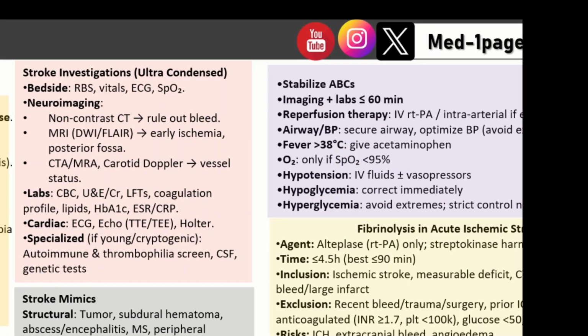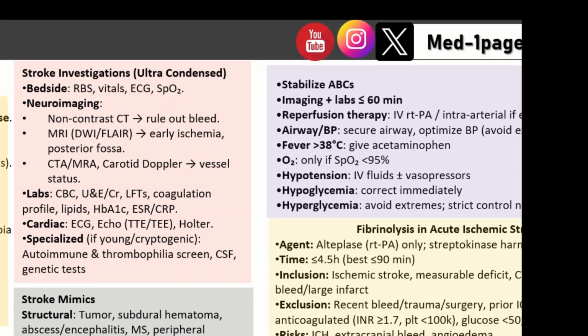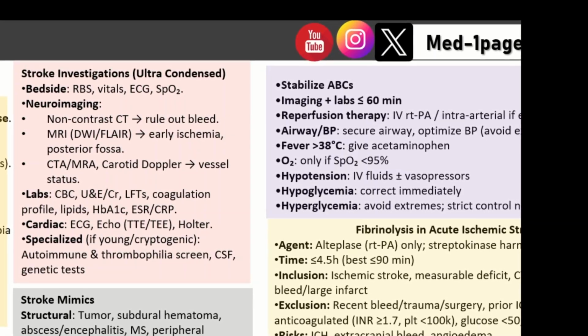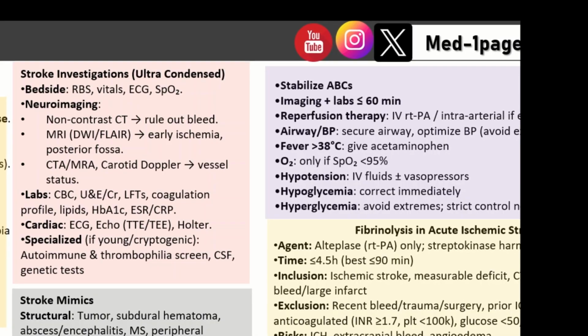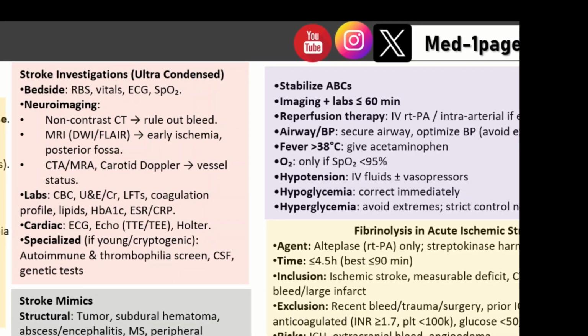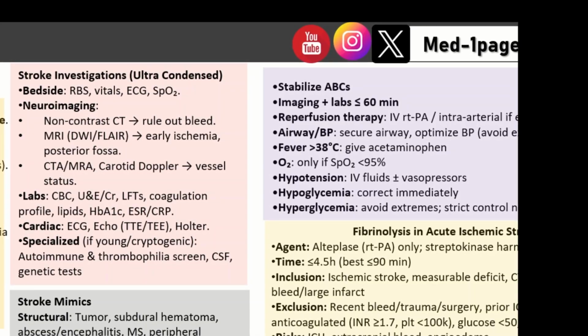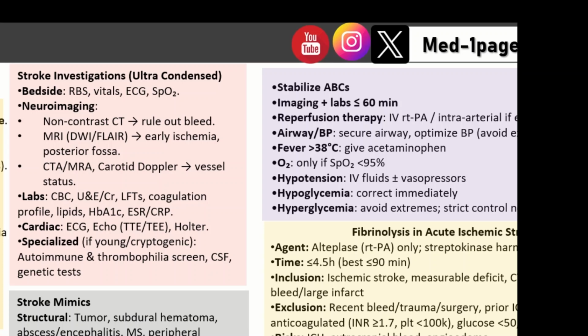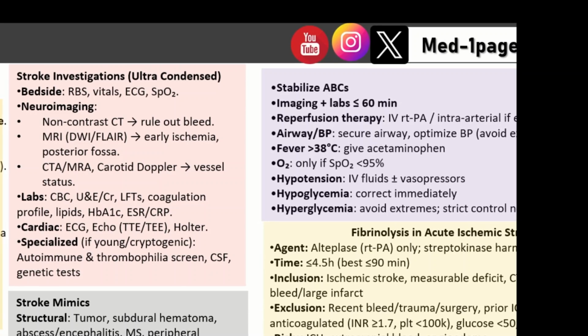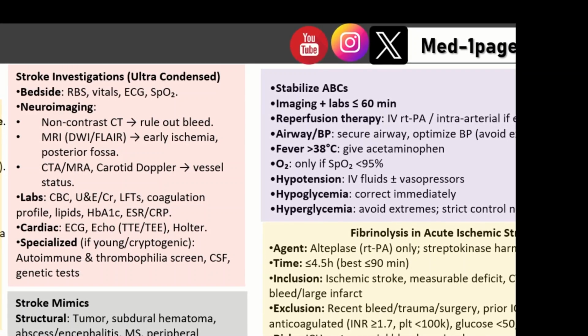And then we have the carotid Doppler, maybe to see if we have stenosis of the carotid vessels, and so on. Then we do the labs: CBC, urea and electrolytes, creatinine, LFTs, coagulation, and things like that. Generally we're going to try to get a baseline of the patient.